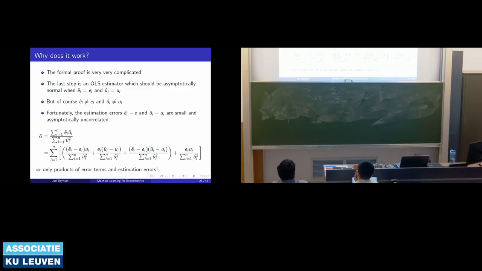So in a sense, if I want to show that my alpha hat is asymptotically normal, I just need to bound the difference between my alpha hat and alpha tilde OLS.